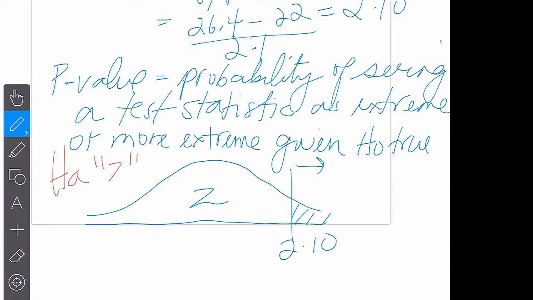So you can test the probability that Z is greater than 2.1. Look on your Z table, and what do you get?